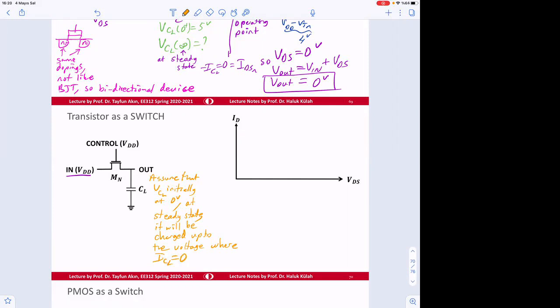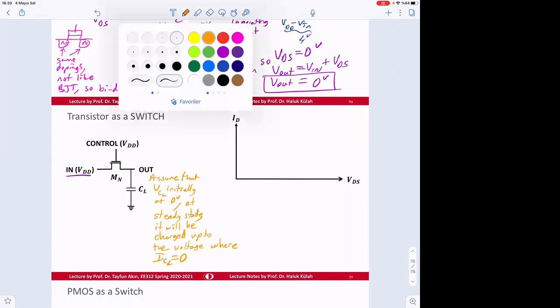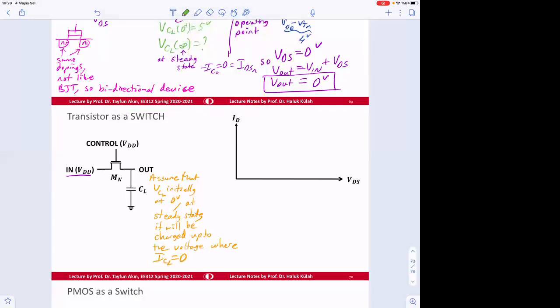Okay. So we will be saying that this is going to be charged. And since this one is going to be on, transistor Mn, it will be charged through here. What is the state of the transistor here?